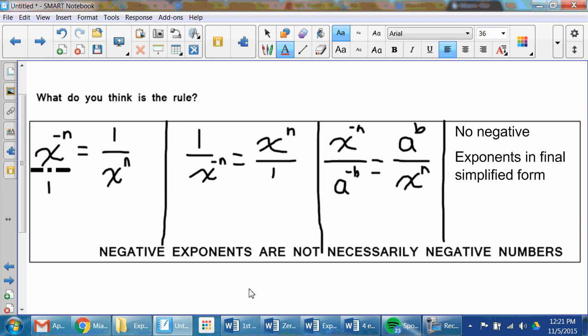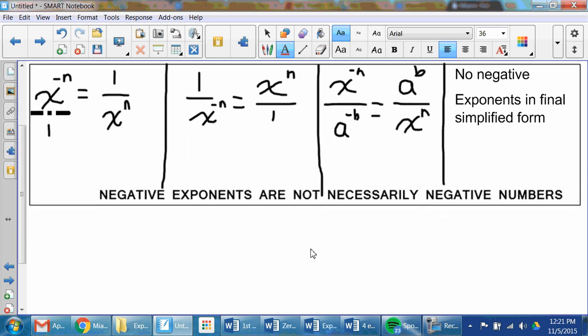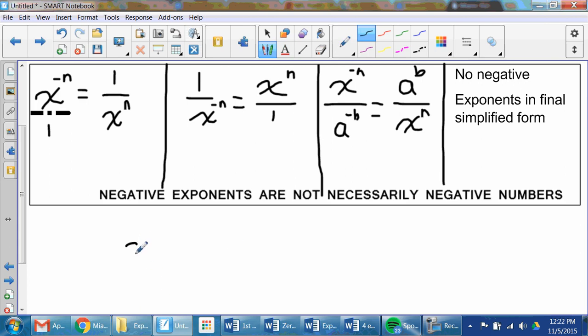It says that negative exponents are not necessarily negative numbers. Okay, what we mean by that is if we do 2 to the negative 3 power, if I take this example, that would equal 1 over 2 to the positive 3 power.